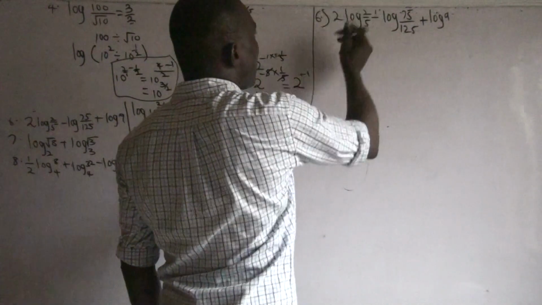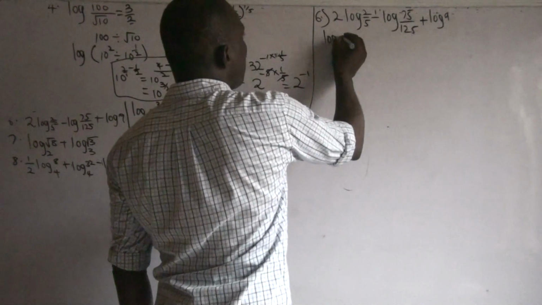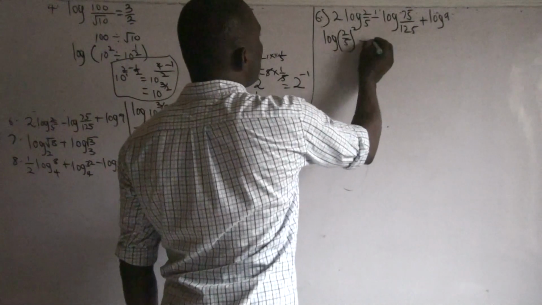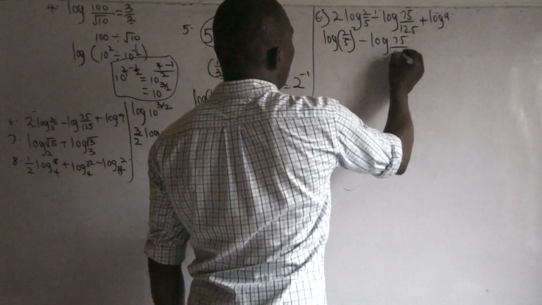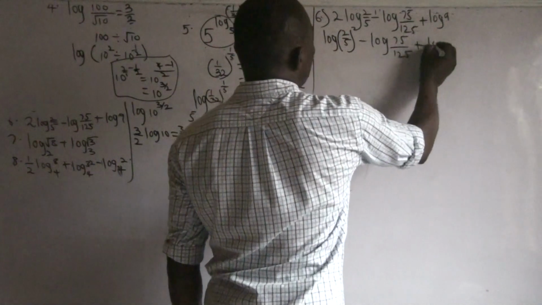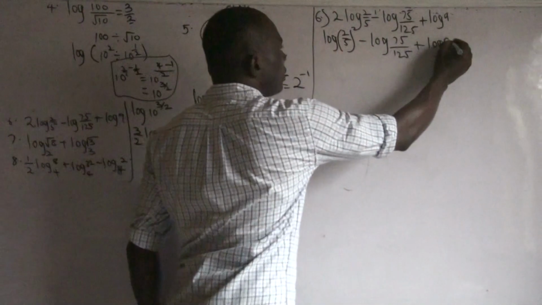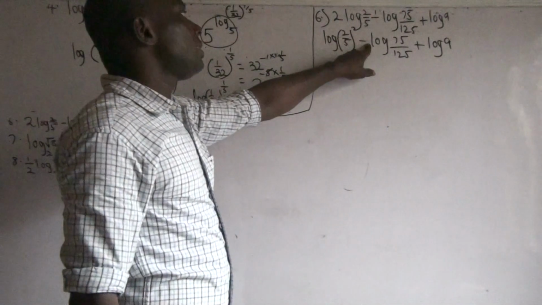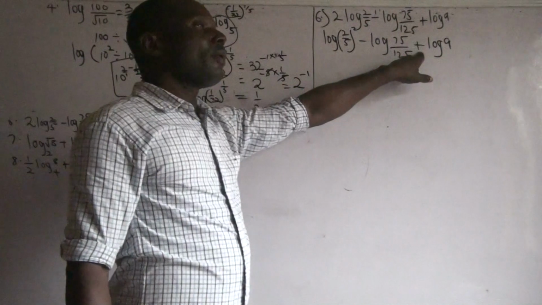We'll move this 2 back, and it becomes the power of what we have here, 2 over 5 all squared, minus log 75 over 125 plus log 9. Here we have to observe this is minus, that means division. This is plus, that means it's times.